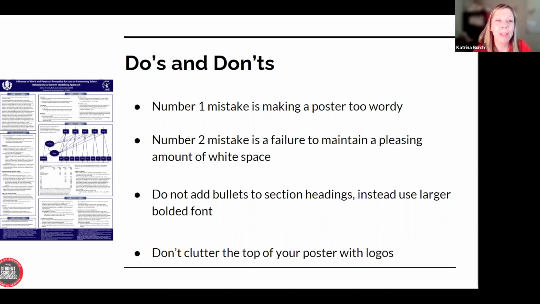I would probably argue that there are sections of this poster that are far too wordy. The number two mistake is a failure to maintain a pleasing amount of white space. Here's where I think the white space is actually working to the advantage. I was a student at the University of Connecticut. The colors are navy and white, and so hence the color scheme I ended up with for this poster.